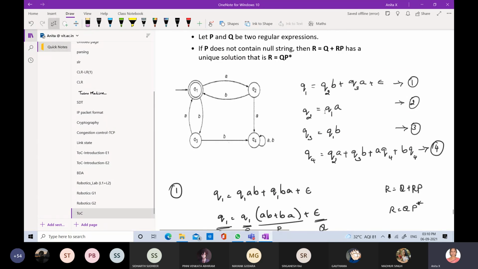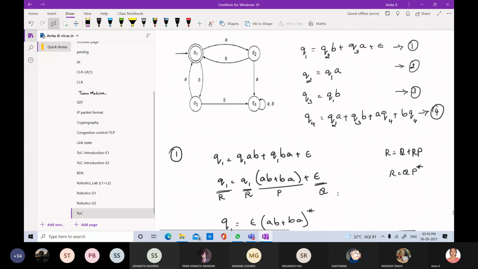So what is Q2? Q2 is equal to Q1A and Q3 is equal to Q1B, right? So that is what we have replaced here. So instead of Q2, it is this expression we are using, Q1AB plus, instead of Q3, I'm going to include Q1BA plus epsilon. Is that clear? Yes, ma'am.